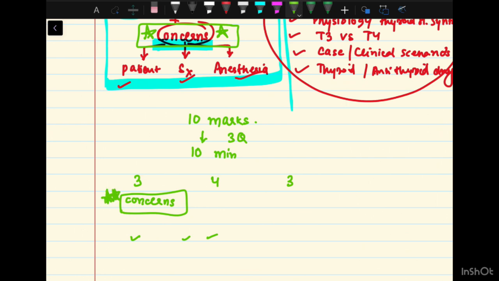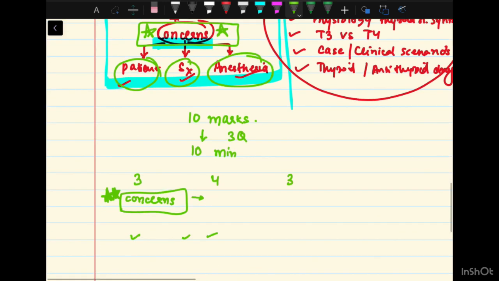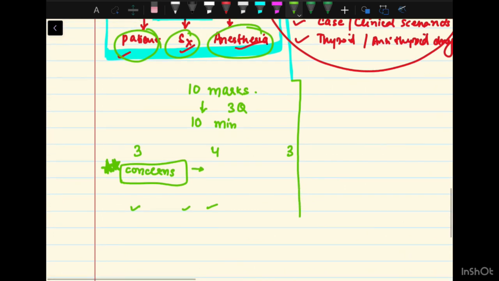I just wrote about concerns. This single thing made me clear about how to conduct that case, because if you know the concerns and divide them into these 3 categories, you already know what to ask in your pre, intra, and post-op. So that is how important writing only the concerns for a case can be to clear the exam, and whatever additional you write will get you more marks.